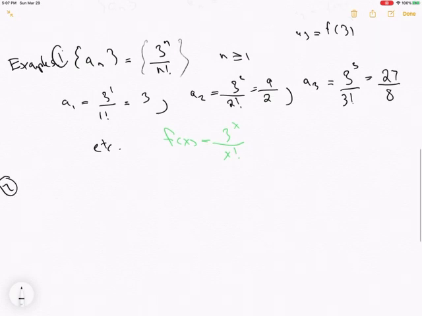If we took something like sequence b sub n, let's say that's defined by 3 plus negative 1 to the n times 1. So this is telling us this is b1.